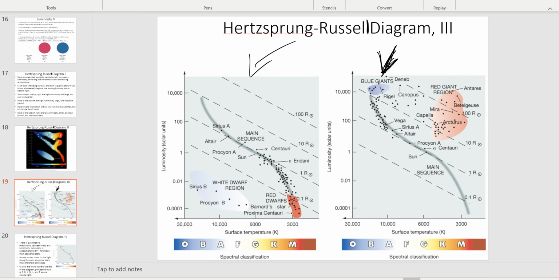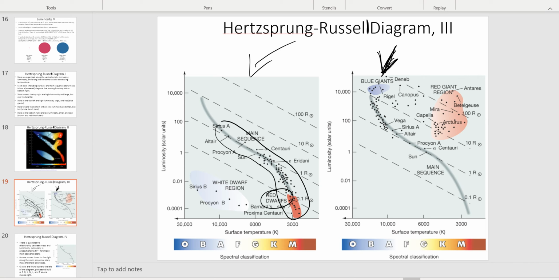The only difference is that they have some different stars on them, and the only reason they have different stars on them is because the authors wanted to label the stars. And so if you have vast numbers of stars in a diagram, it's hard to label them. So here, the authors have labeled a lot of main sequence stars as well as the red dwarfs down here.